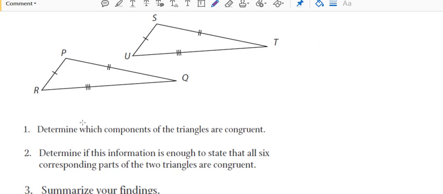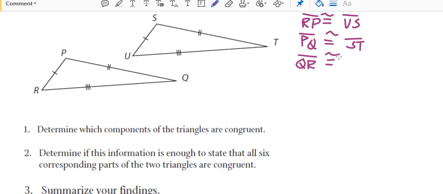So in part 1, where it says to determine which components of the triangles are congruent, what that's stating is that we need to look at each one of the triangles and figure out what parts of them are the same. So right now, I know that RP is congruent to US, and I know that PQ is congruent to ST, and I know that QR is congruent to TU.